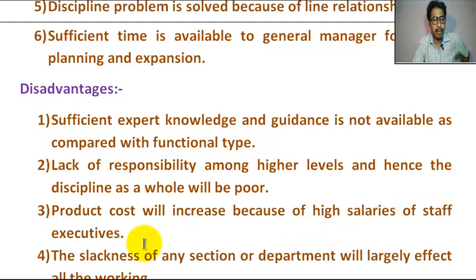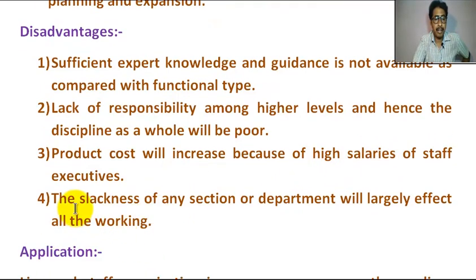Number 4, the slackness of any section or department will largely affect all the working. Because of the slackness of any department or section, it will largely affect the whole work.